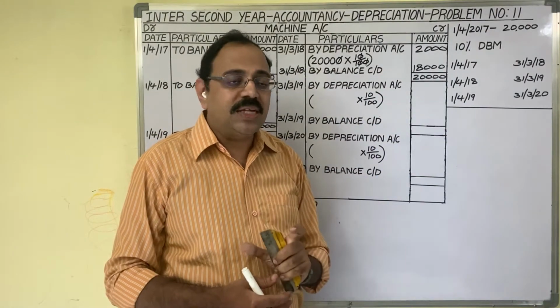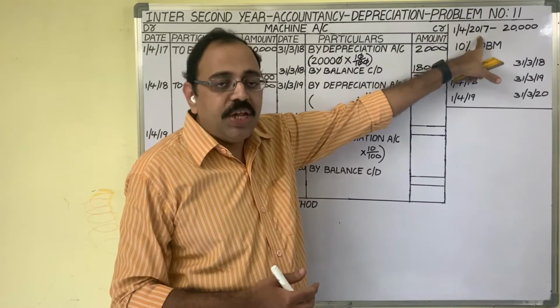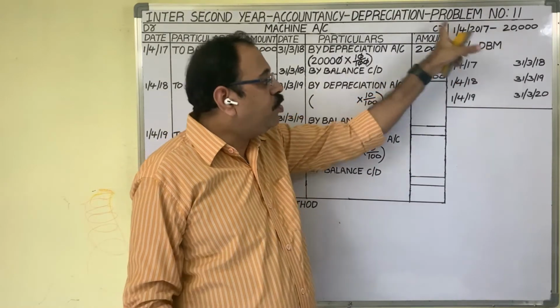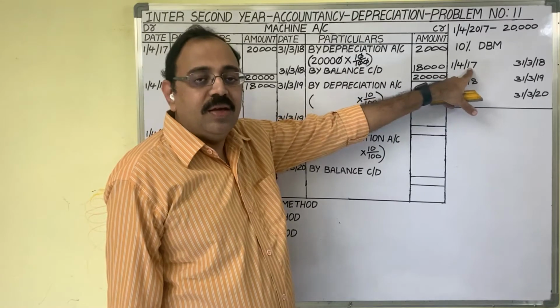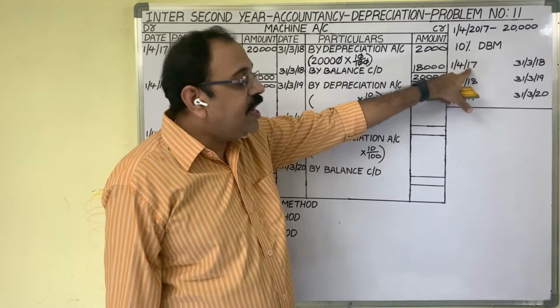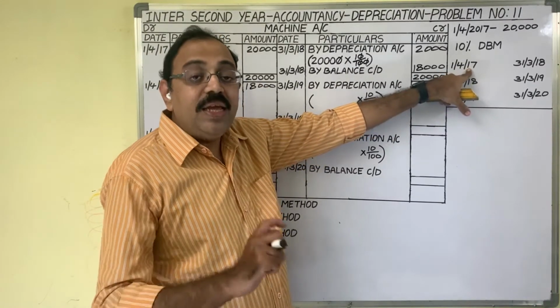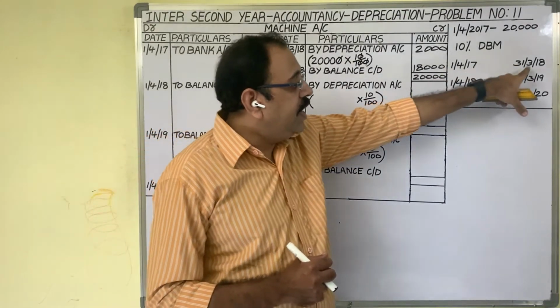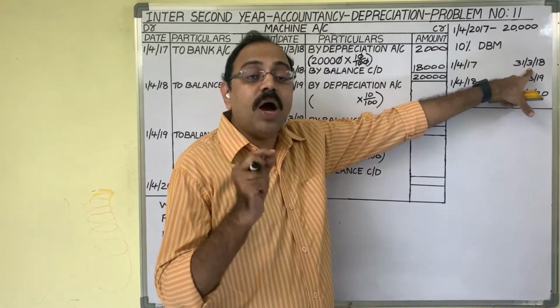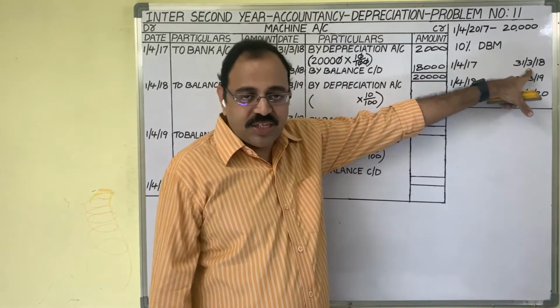They purchased this asset on 1st April 17. Therefore, we should prepare the asset account from 1st April 17. If this is the starting date of the year, then counting 12 months from this date, the year ending date falls on 31st March 18. This is the first year.